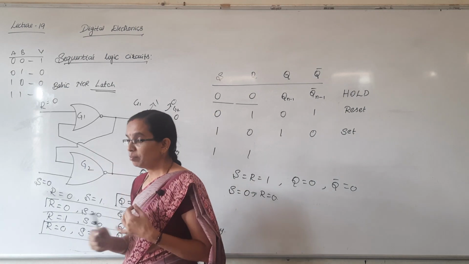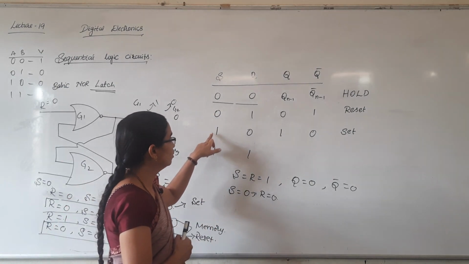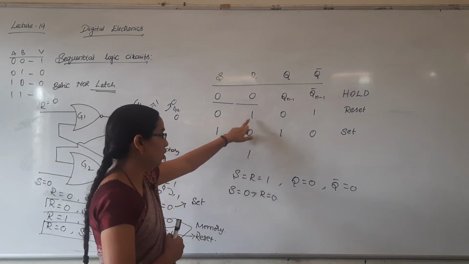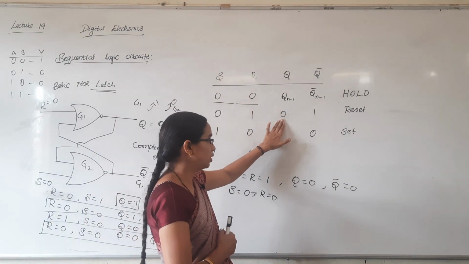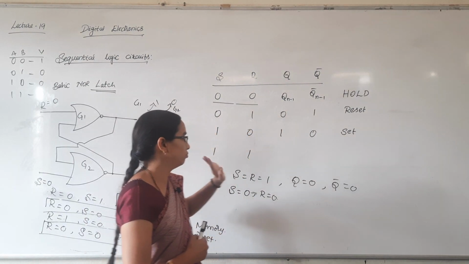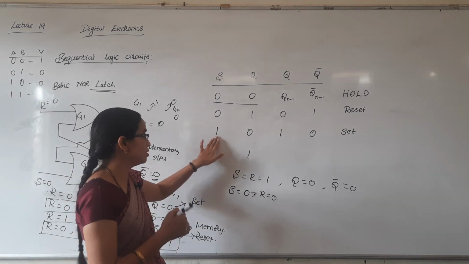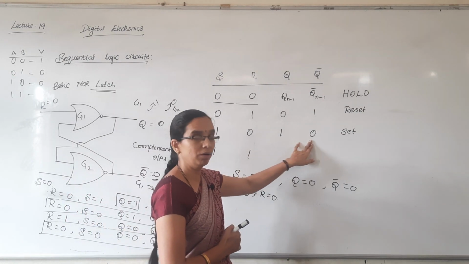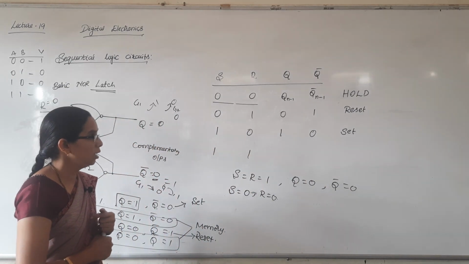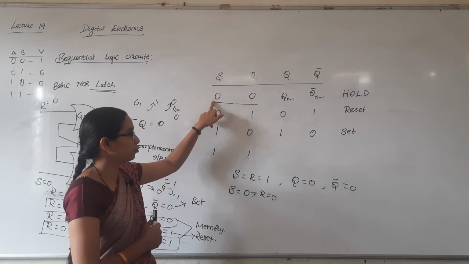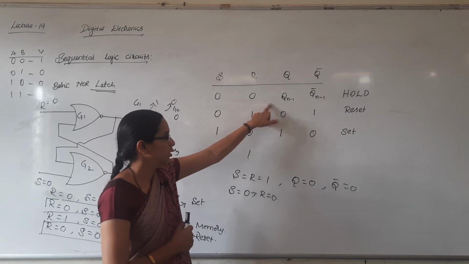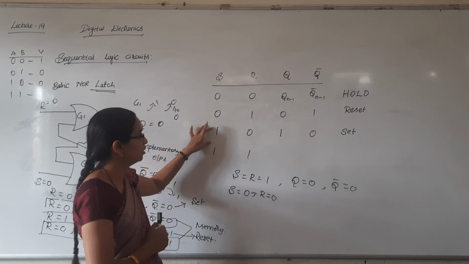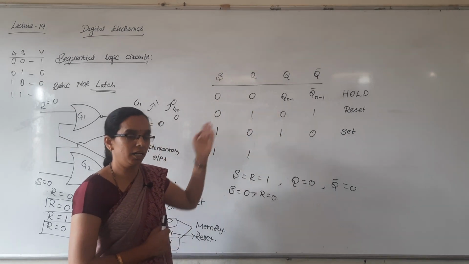See, when S is equal to 0, R is equal to 1, Q is set to 0 and Q bar set to 1. When I made the converse, S is equal to 1, R is equal to 0, Q is equal to 1, Q bar is equal to 0 happened. But when I made both 0 0, in both the cases they remained in the previous state itself.